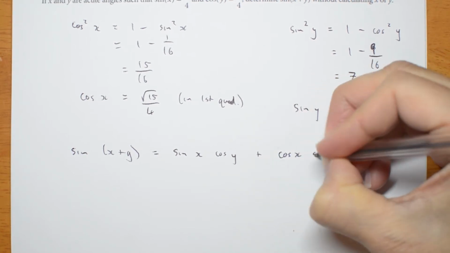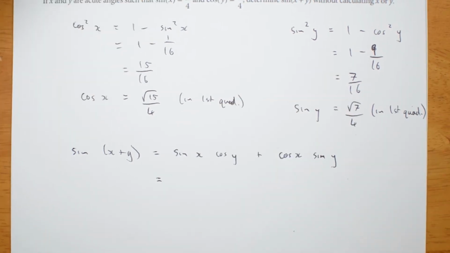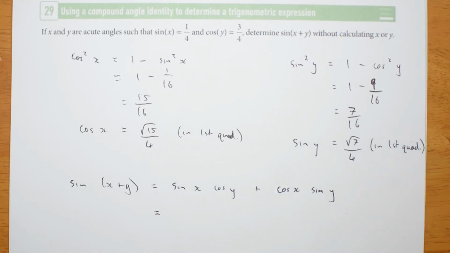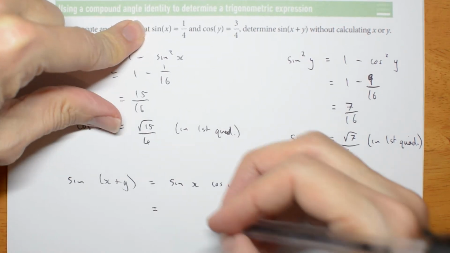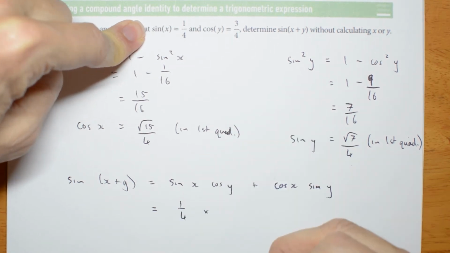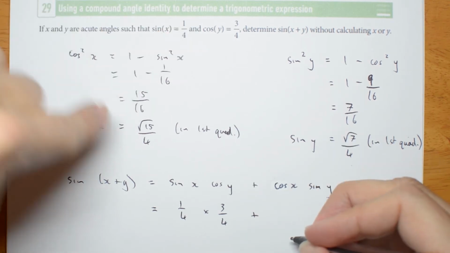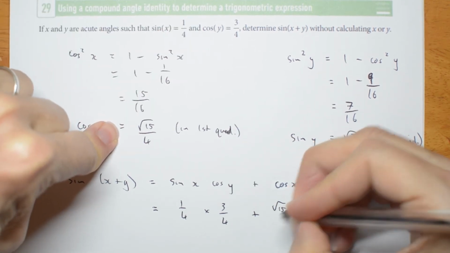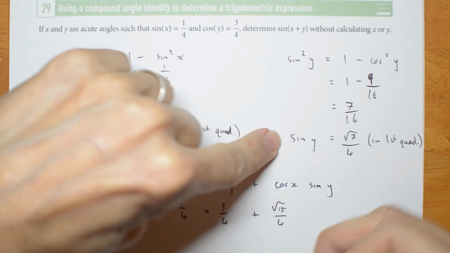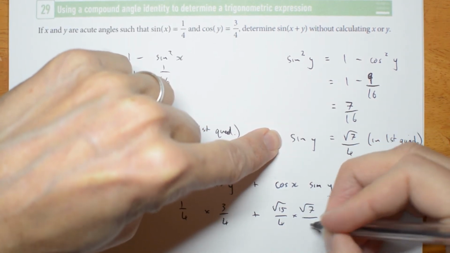Put in what I know. Can I move that so you can see both? Sine x is 1/4, cos y 3/4, cos x root 15 on 4, sine y root 7 on 4.